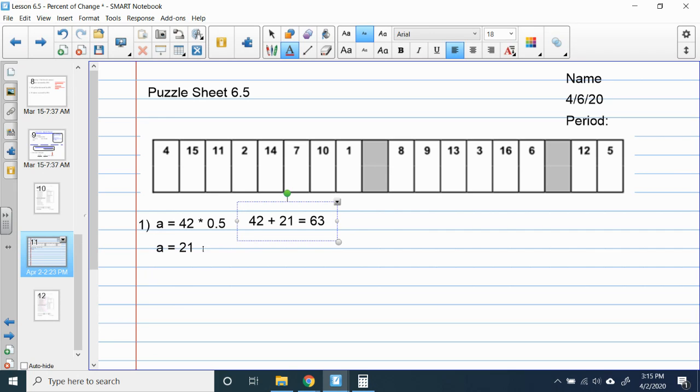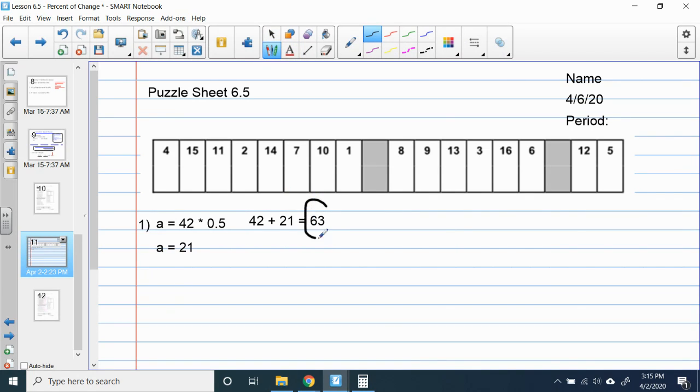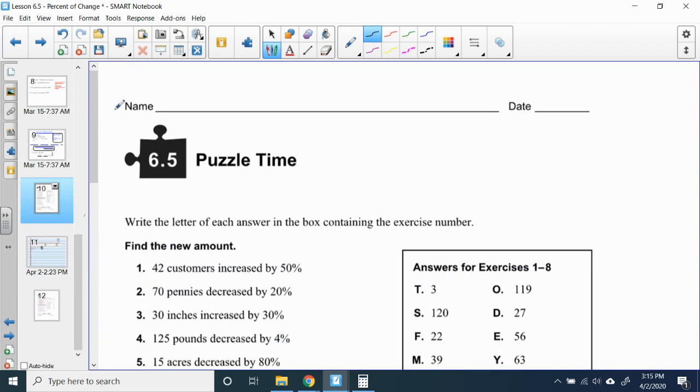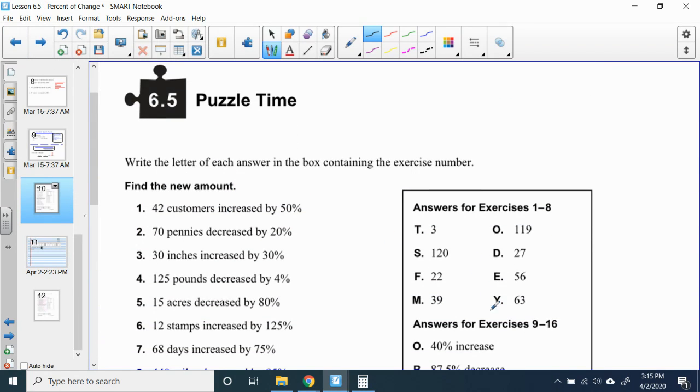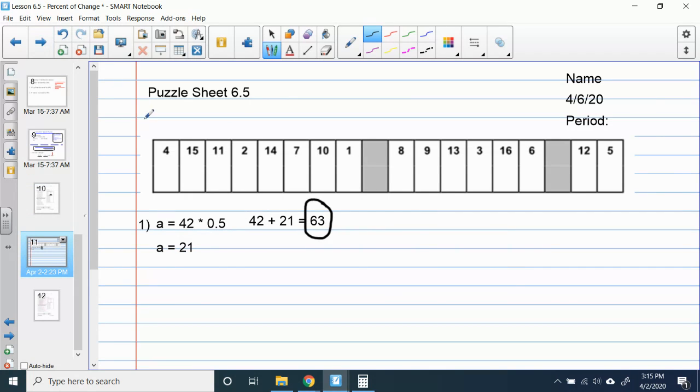Now I'm going to go back and look for 63 as my choice. Number 1, 60. Oh, there it is. It's going to be Y. So number 1 is Y. I'll record it right there, but I also have to go to box number 1 and put a Y in there.